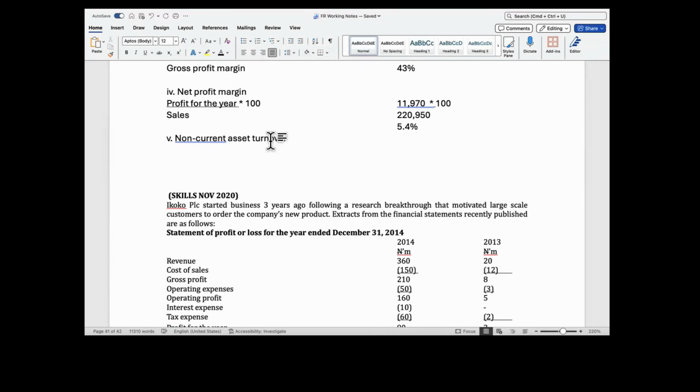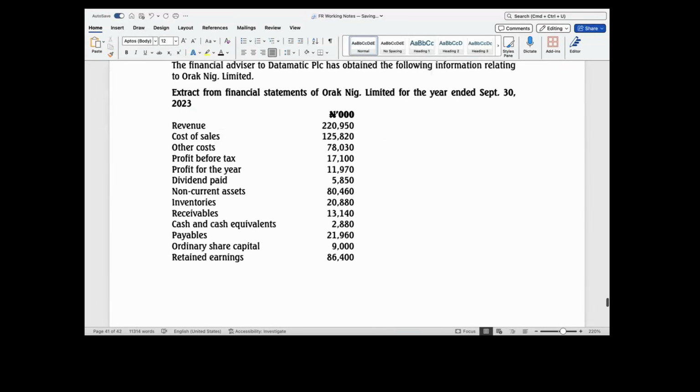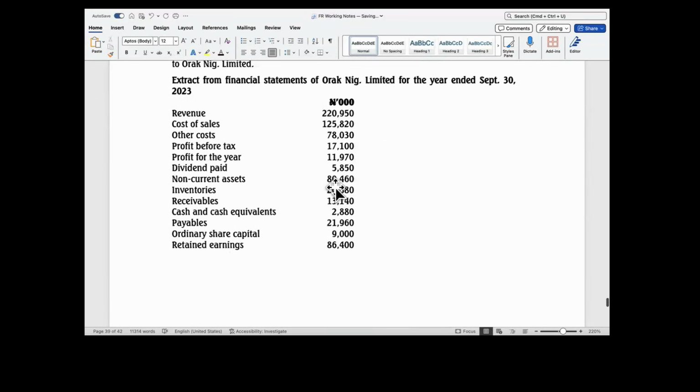The item that you see as turnover, the one that is being turned over, will be the denominator. So it's sales over non-current assets, which is the number of times an entity is able to convert its non-current assets to sales. So in this case, our sales is 220,950. What's our non-current assets? 8,460.